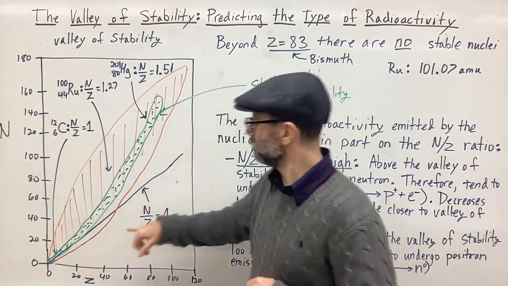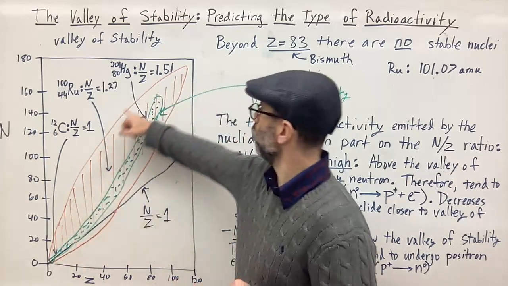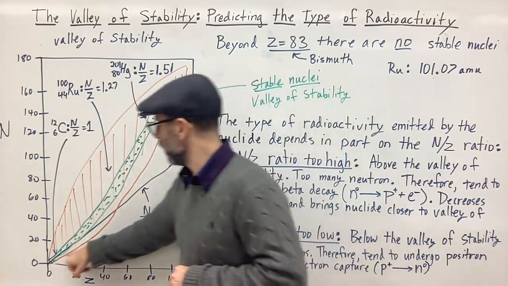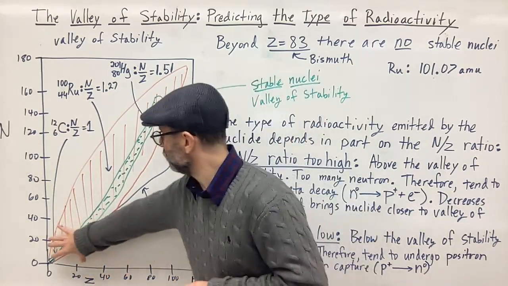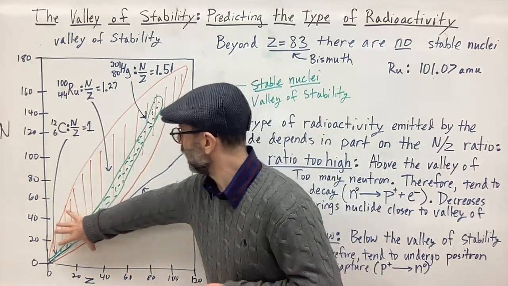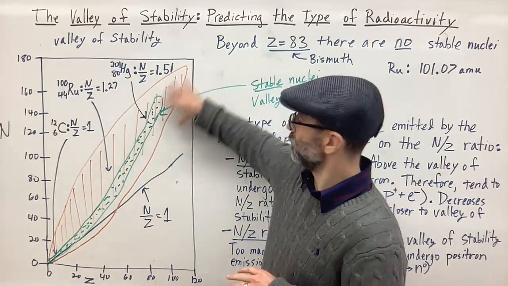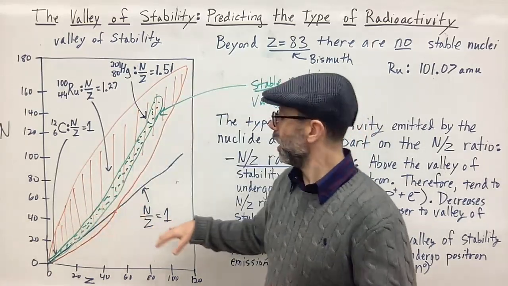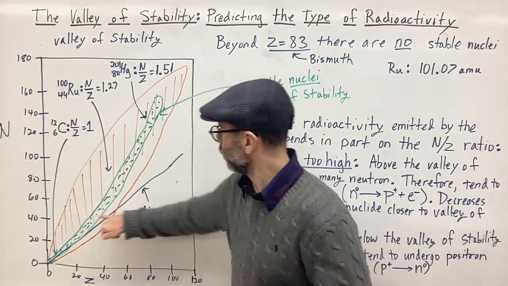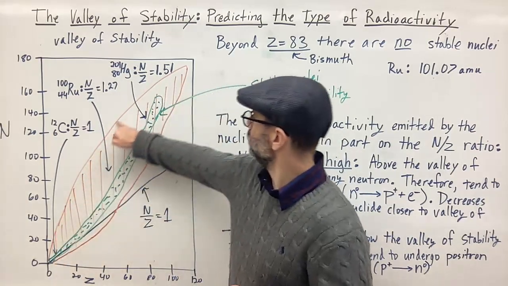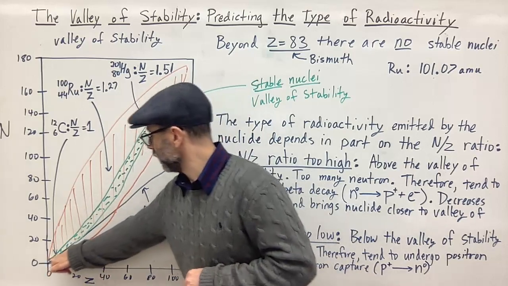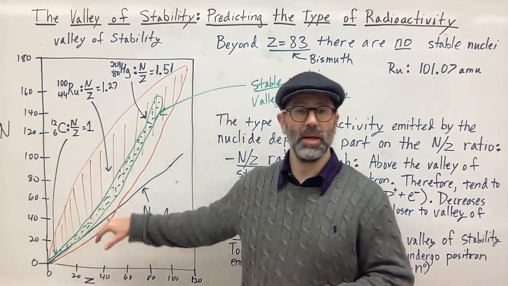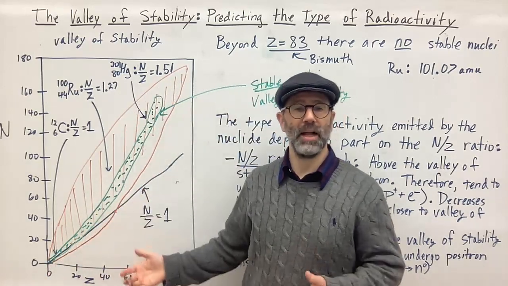And so what is marked out here in orange is where all the isotopes that we know today in the known universe would be plotted. So all isotopes would be in the orange here. And then in the green is the band or valley of stability.